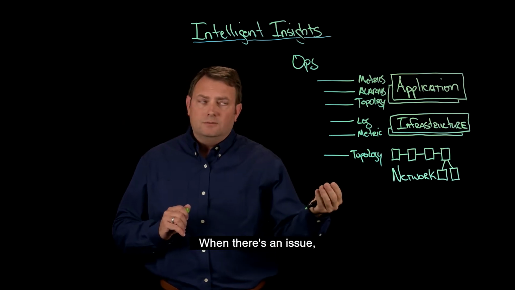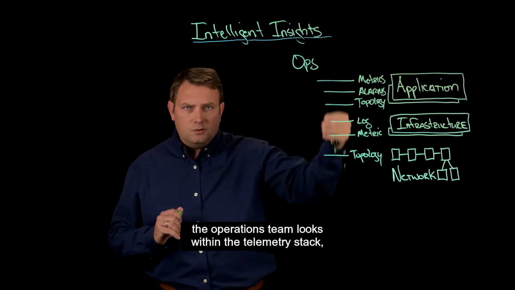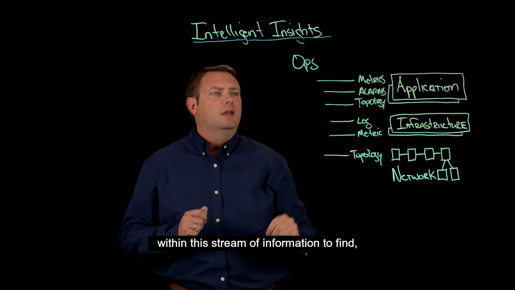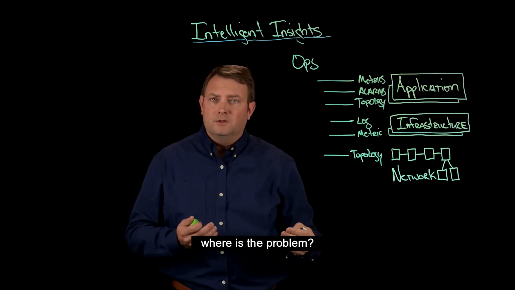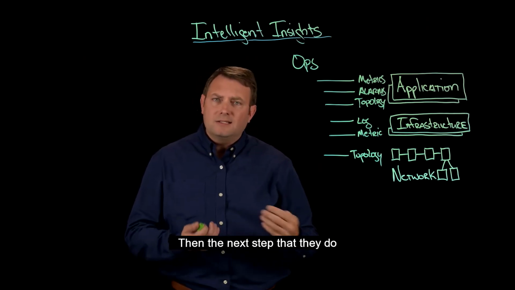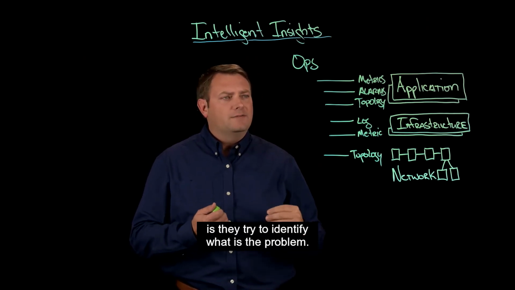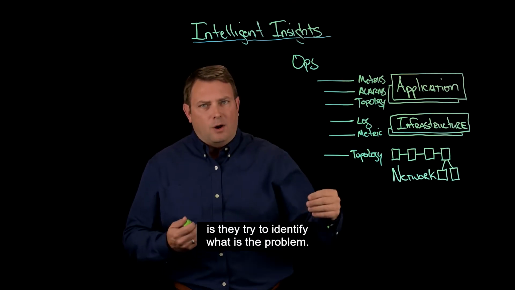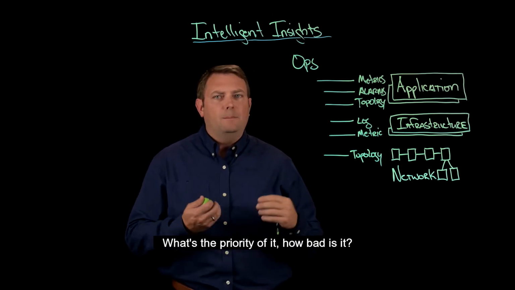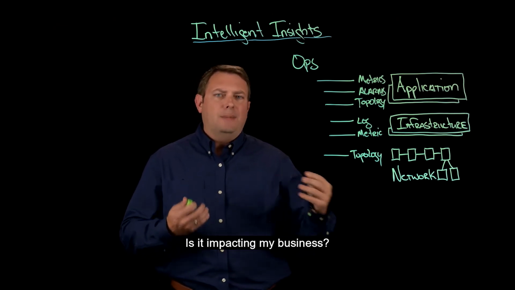So when there's an issue, the operations team looks within the telemetry stack, within this stream of information, to find where the problem is. So what they're doing is isolation. Then the next step is they try to identify what the problem is. Is it severe? What's the priority of it? How bad is it? Is it impacting my business?